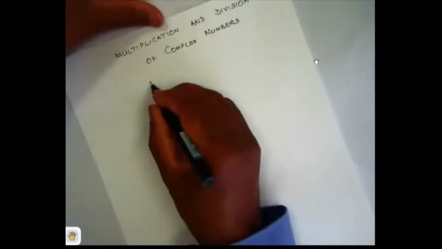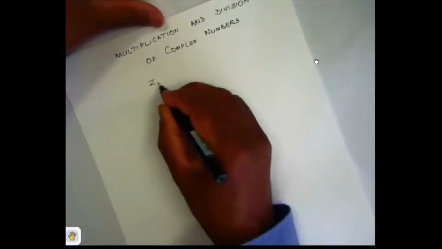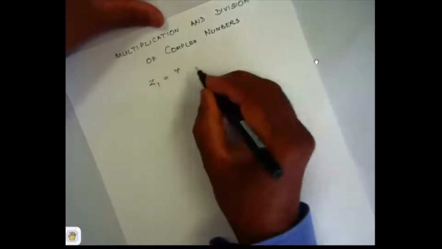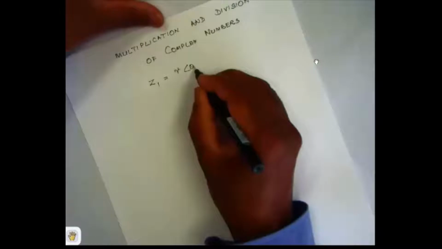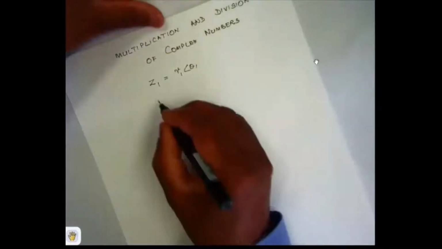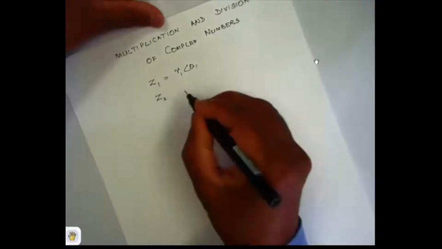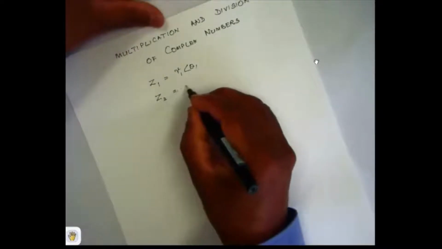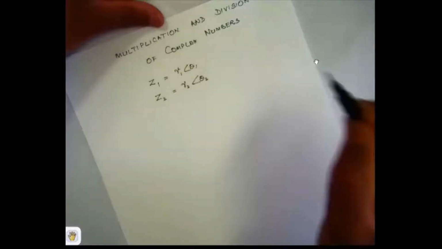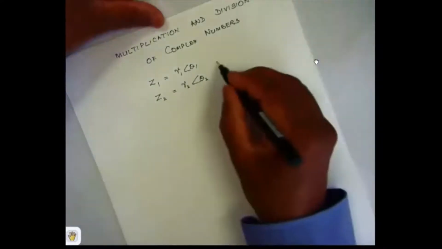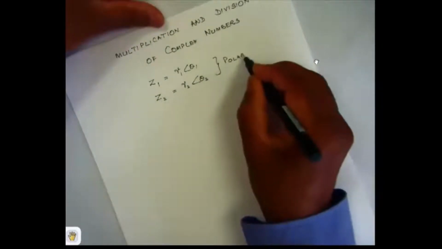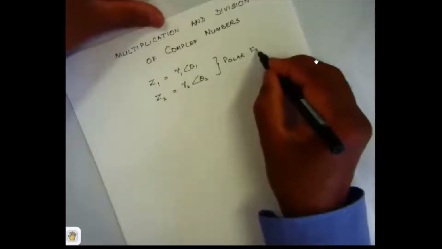If you take a complex number, say Z1 is equal to R1 angle theta 1, and say complex number 2, Z2, is equal to R2 angle theta 2. Now both these are in polar form, what we learnt in the previous lesson.